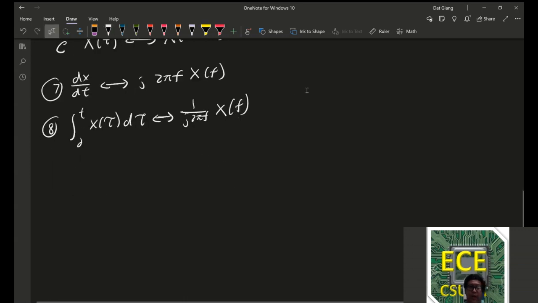And then lastly, we have the most common use case, convolution. We have two functions convolved with each other, and this becomes their Fourier transforms multiplied.